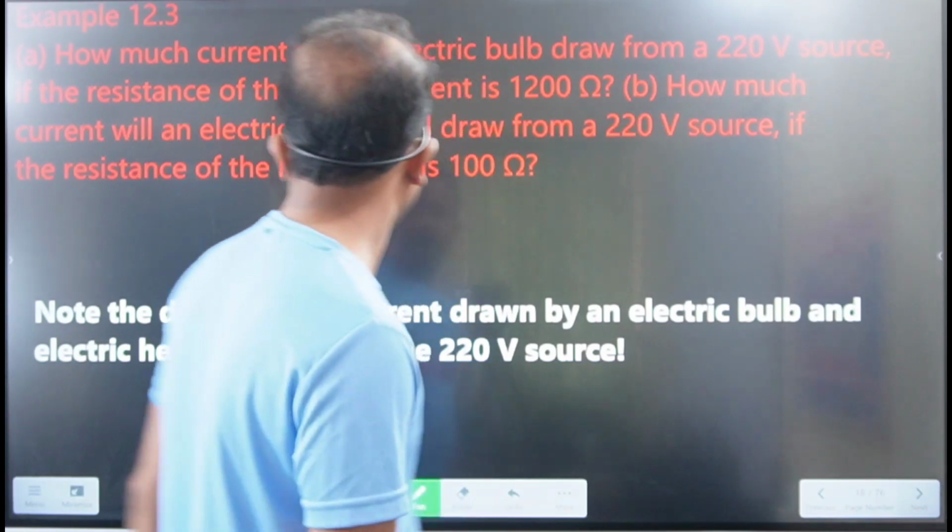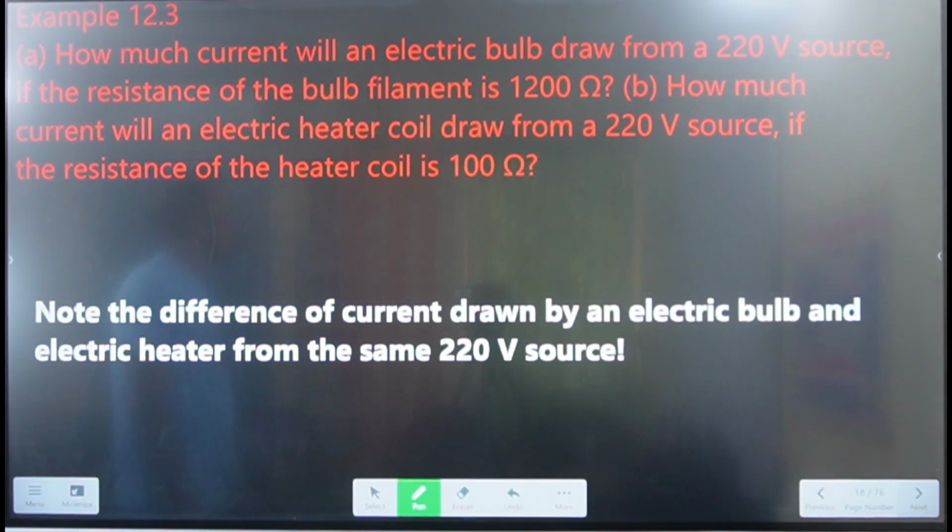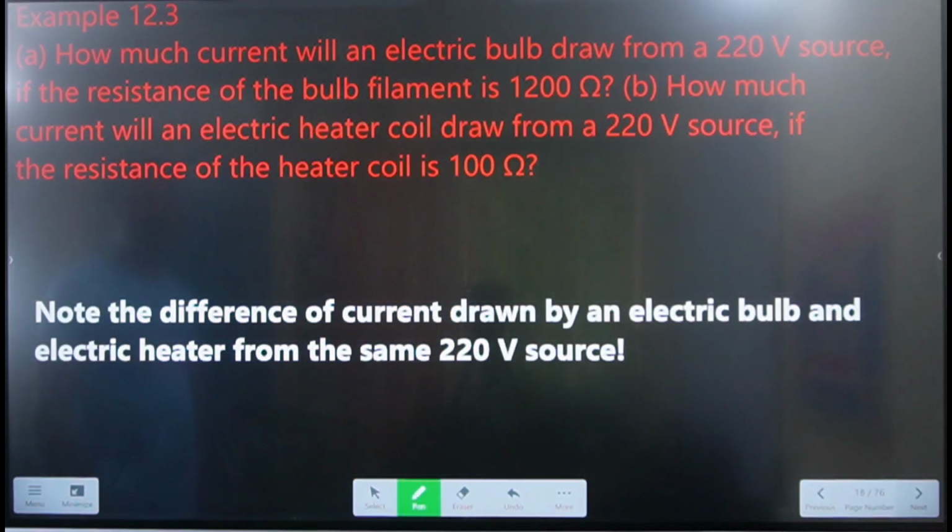So the next slide is, here we have one question, and this is from textbook example 12.3. How much current will an electric bulb draw from a 220 volt source if the resistance of the bulb filament is 1200 ohm?